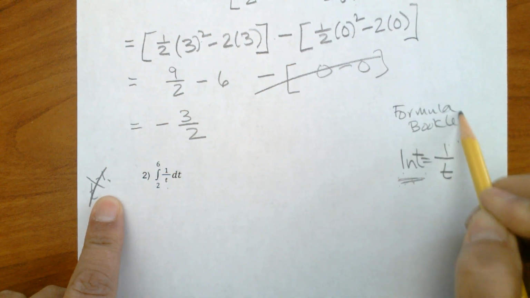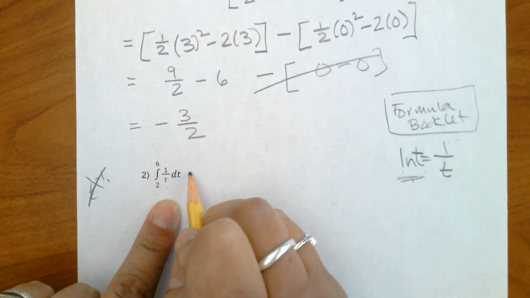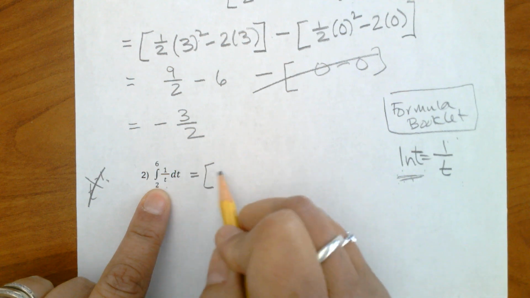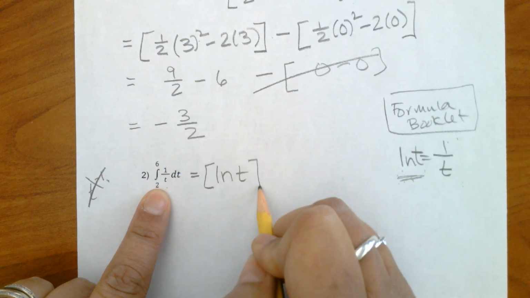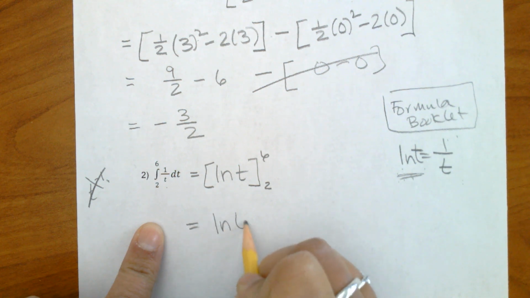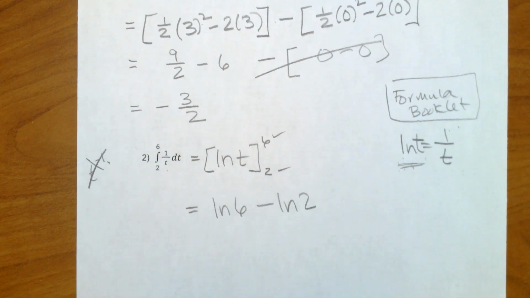So it's one of those things where you're like, this feels different. Okay, what do we do here? So we are going to have the brackets, and we're going to do natural log of t, and we're going to go from 6 to 2. So we're going to put the natural log of 6 minus the natural log of 2, so substitute these in and subtract them.